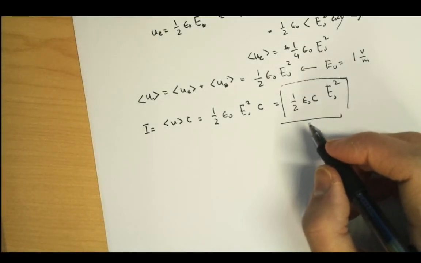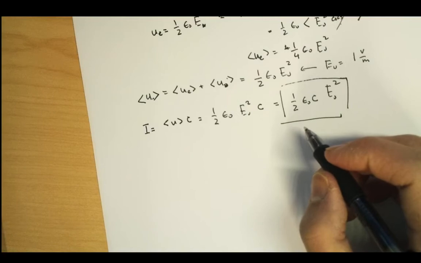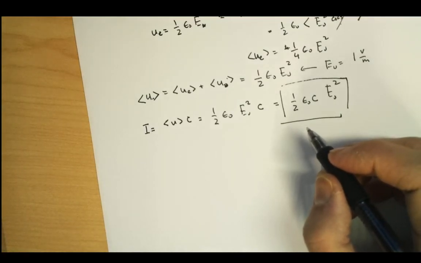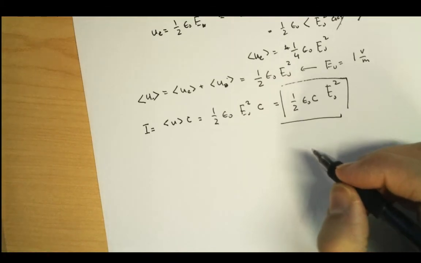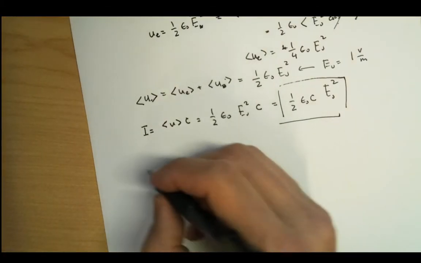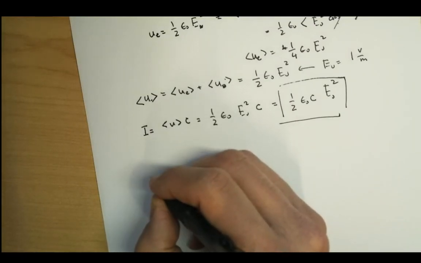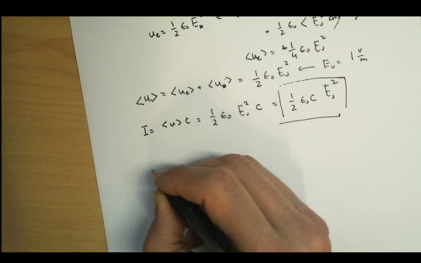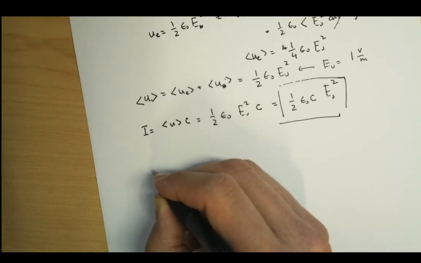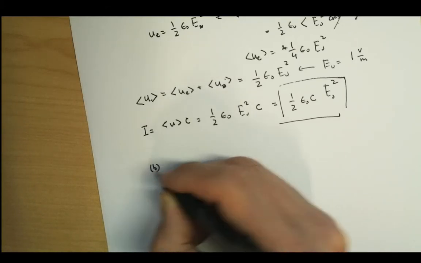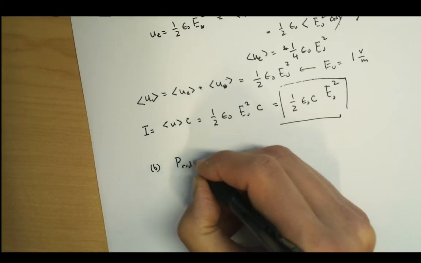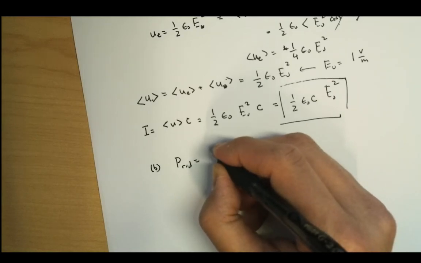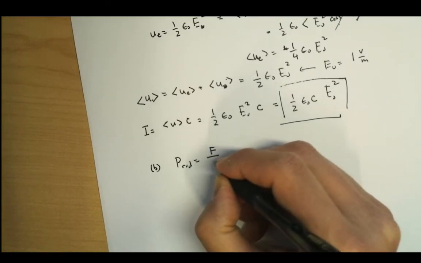So now suppose we want to figure out what the radiation pressure is going to be. Well, the radiation pressure is something pretty simple. For part B, the radiation pressure, P rad, is just going to be the flux over c.